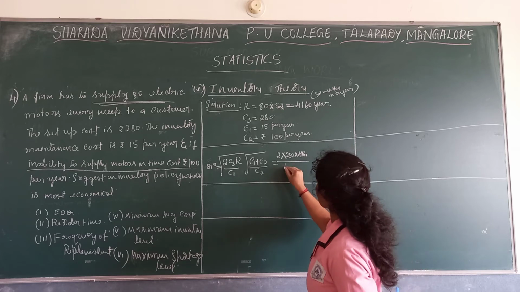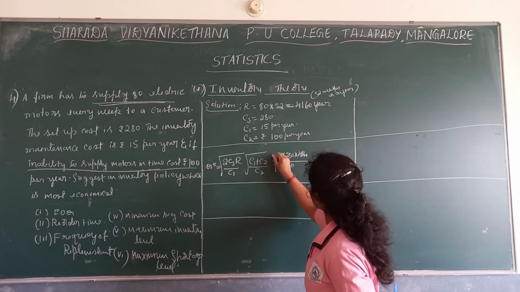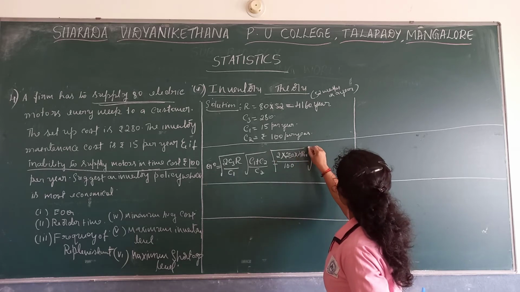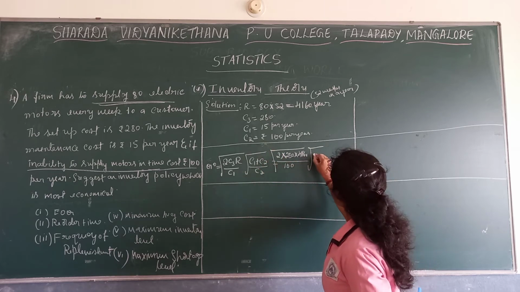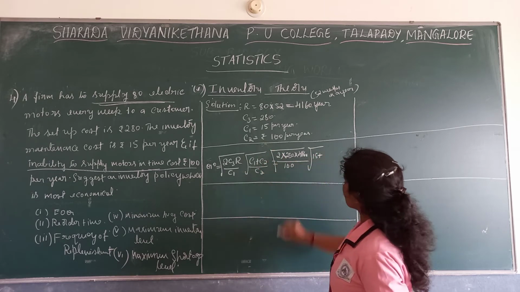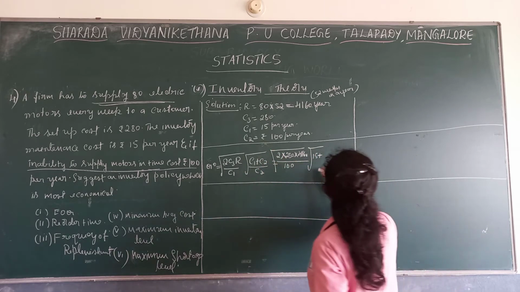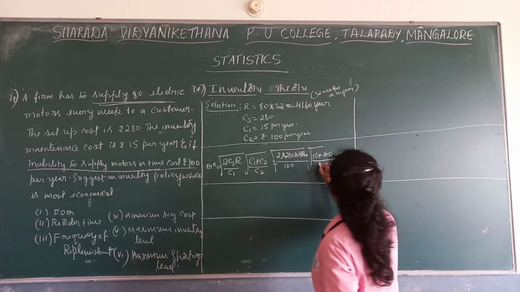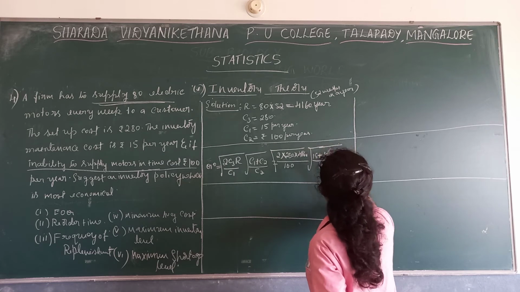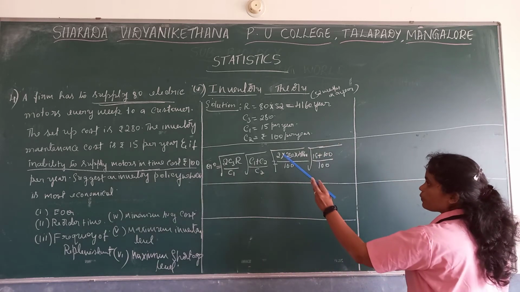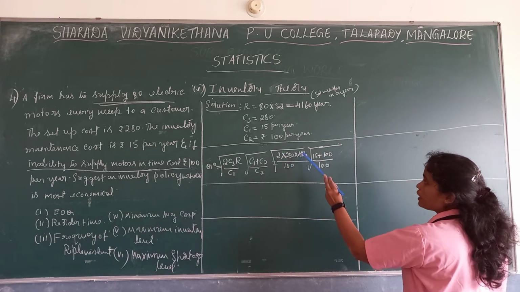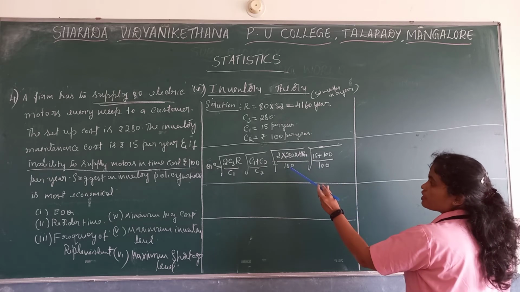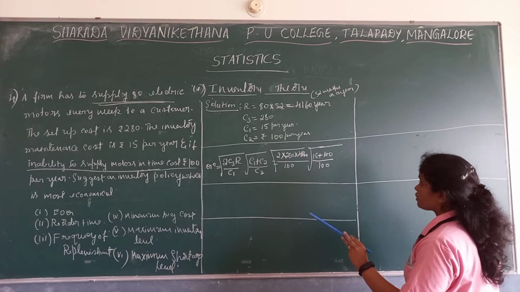What is the value of C2? It is 100. Now the other one, C1 15 plus C2 100 divided by C2, again it is 100. Now we need to multiply 2 into 280 into 4160 divided by 100 and take the root.